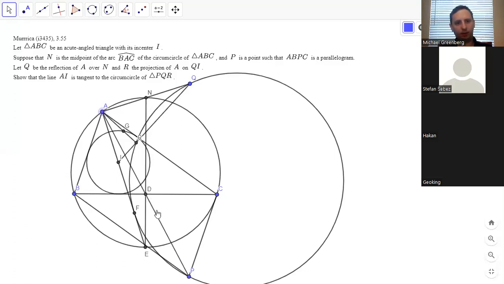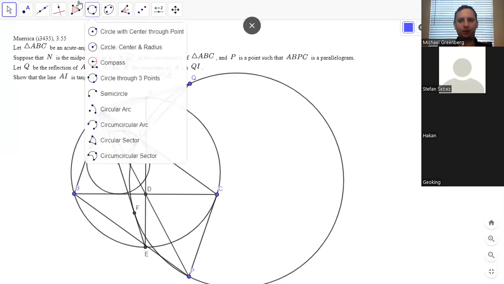D is the midpoint of AP, but we don't have the midpoint of AE, right? See what I'm saying? I is the midpoint of AF. Oh, okay. Sorry. I got a little confused there. I is the midpoint of AF. I thought F was the midpoint of IE. That's why I kept getting confused.